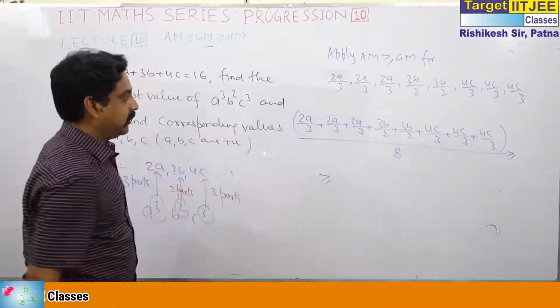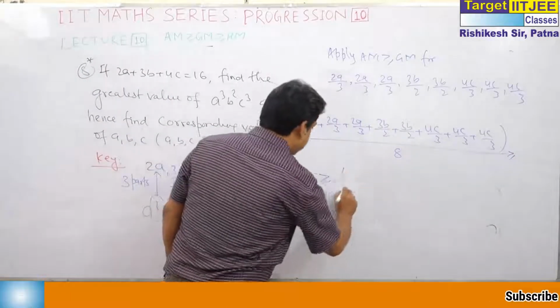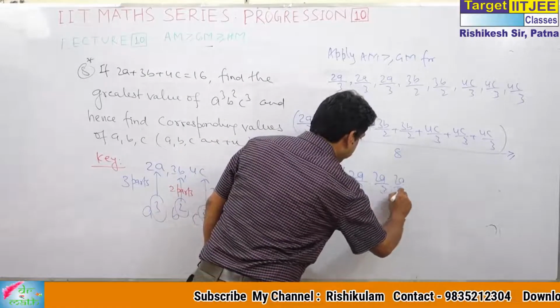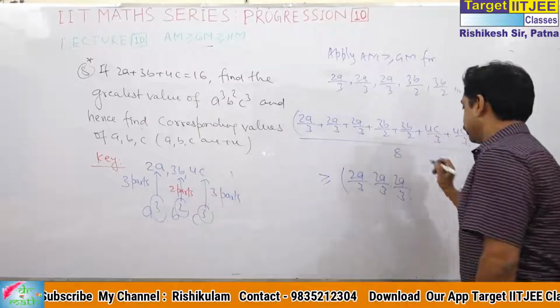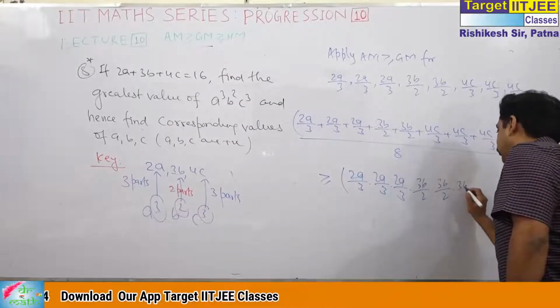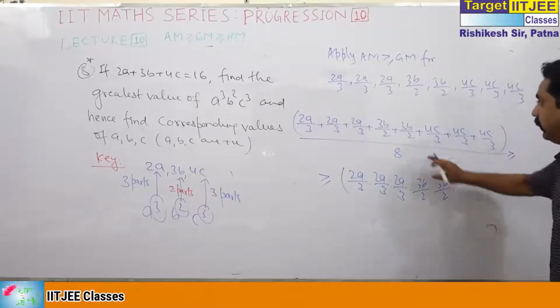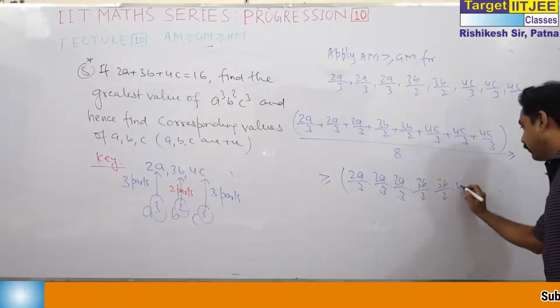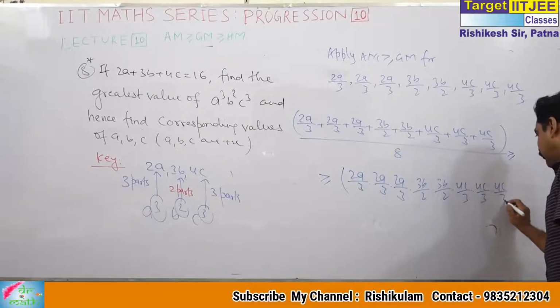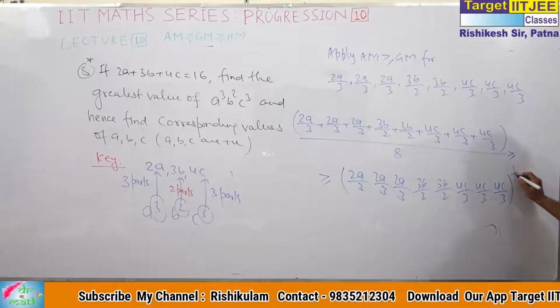Greater than or equal to, I am writing below, 2a by 3 into 2a by 3 into 2a by 3, 8 quantities, into 3b by 2, 3b by 2, into 4c by 3, 4c by 3, 4c by 3, to the power 1 by 8.